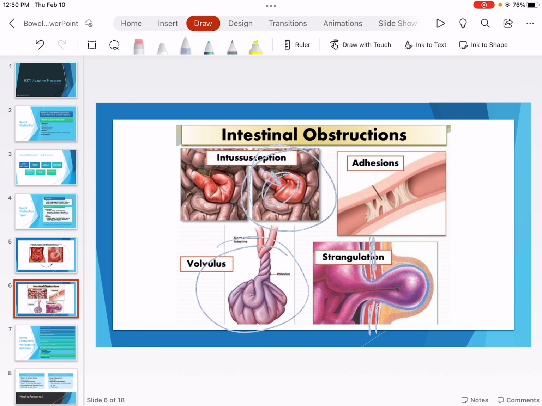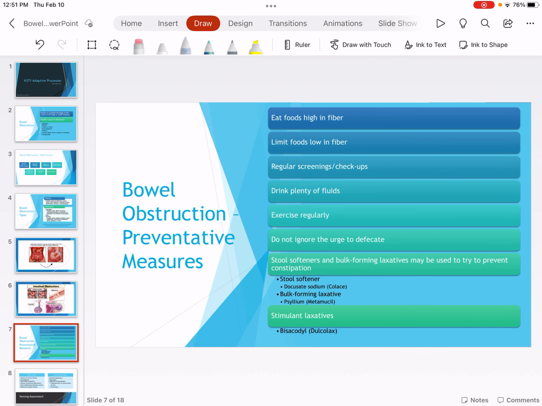Okay, so we already talked about adhesions. Then there's intussusception, and that's essentially when the intestines envelop inside themselves. It's noted here in a good picture. You can see this area of the intestines going into this other portion of the intestines, and that's intussusception.